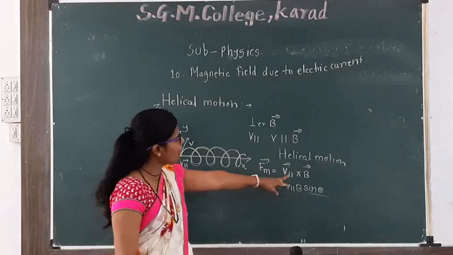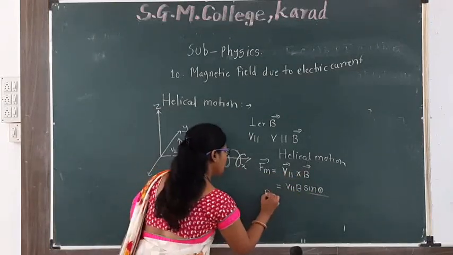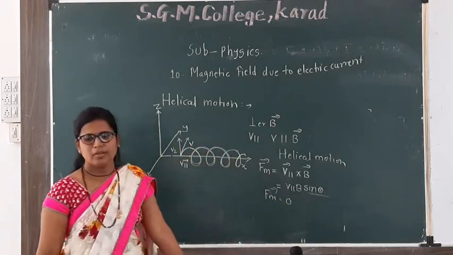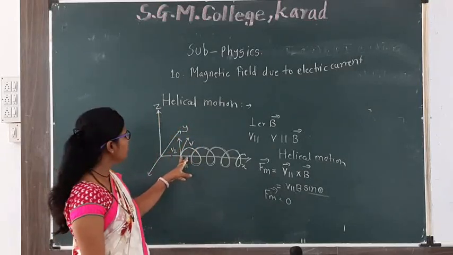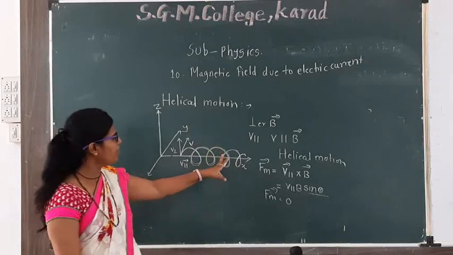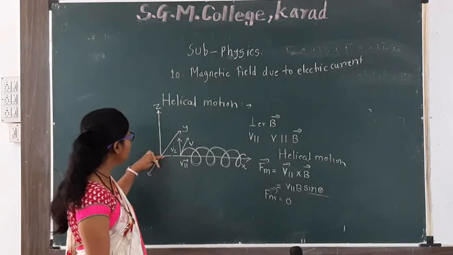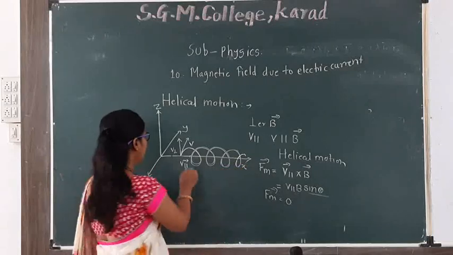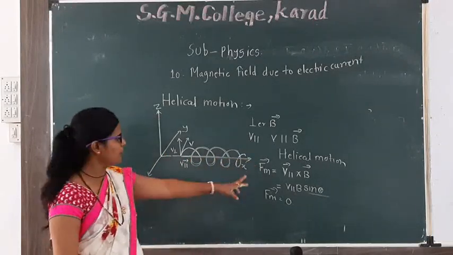If the two are parallel to each other, their angle will be 0, then the magnetic force is 0. That V parallel is not affected by the field. When there is a parallel component, the particle will move in the direction of the magnetic field.